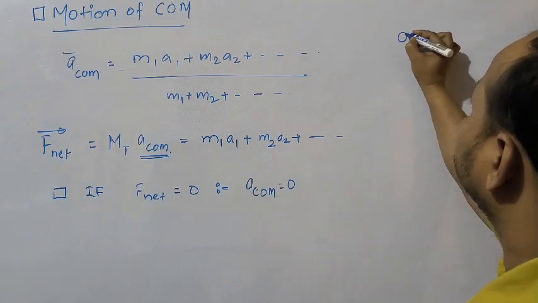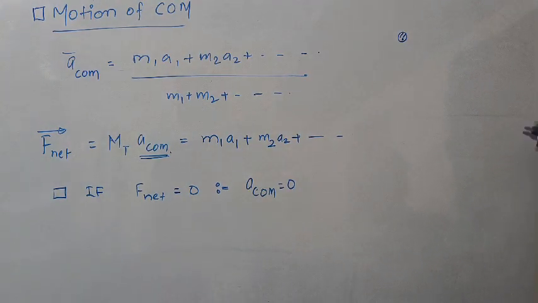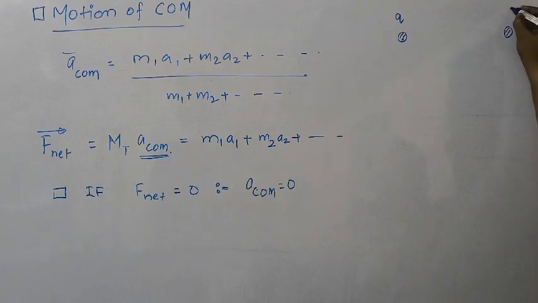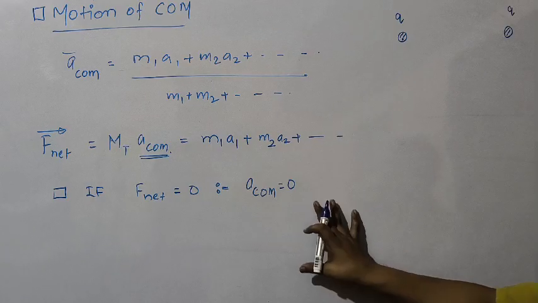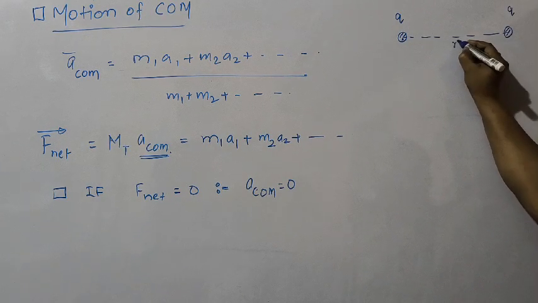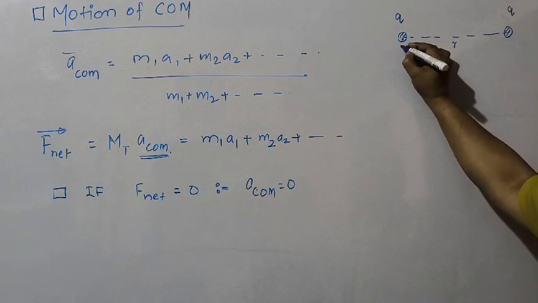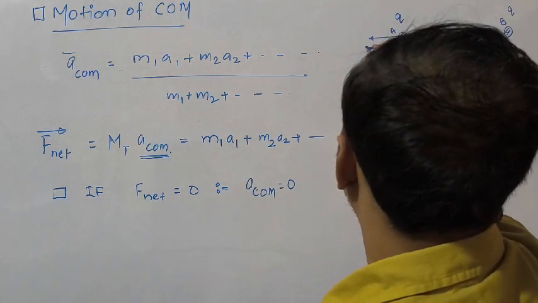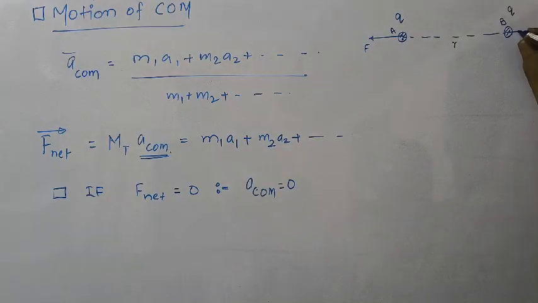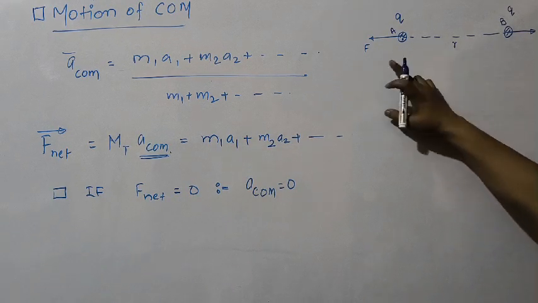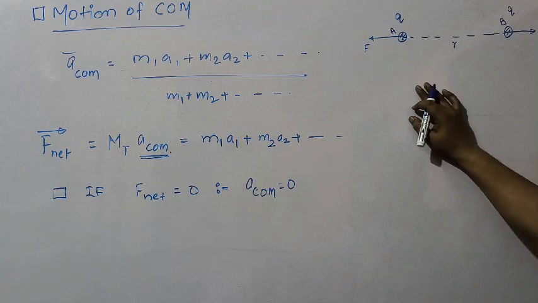Let's say there are two charges, Q and Q, and the distance between them is r. This one is at point A, this one is at point B. Let's say the force acting on this is F. Similarly they will have electrostatic force equal in magnitude and opposite in direction.